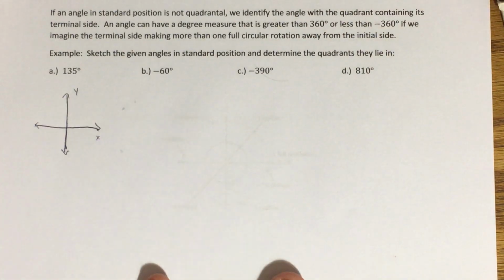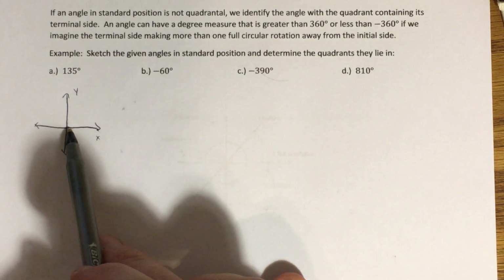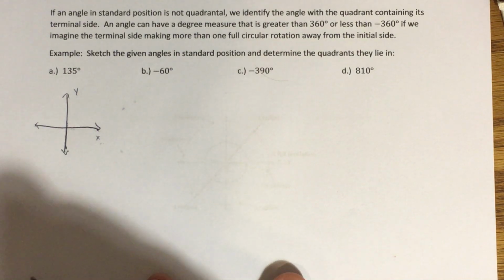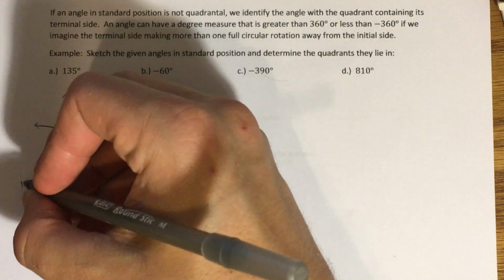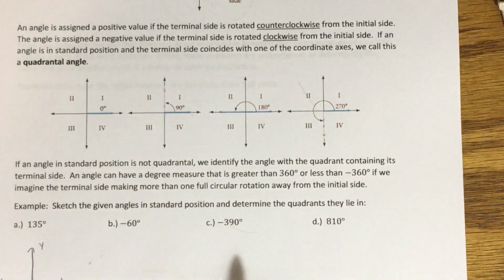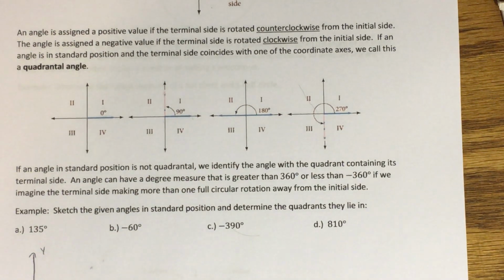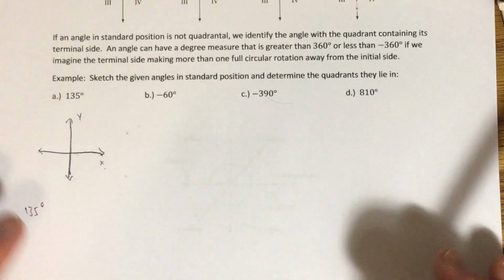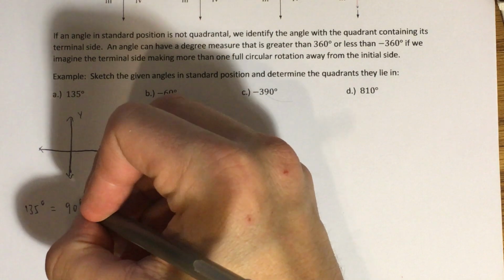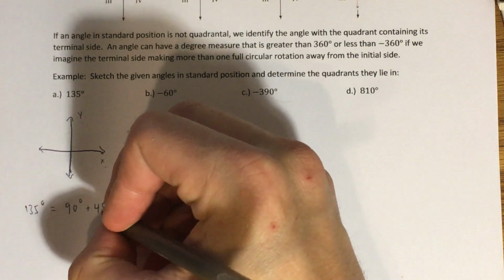Again, remember, when you're working in standard position, the angle is always going to have its initial side coinciding with the x-axis. Now for 135 degrees, we like to use these quadrantal angles as stepping stones into whatever angle we're working with. So what I mean by that, 135 degrees is equal to 90 degrees plus 45 degrees.